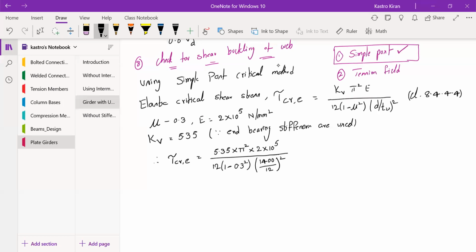If you solve for this, you'll get the elastic critical shear stress as 71.04 newtons per mm square.